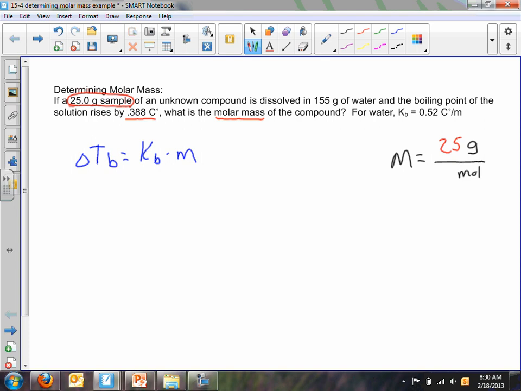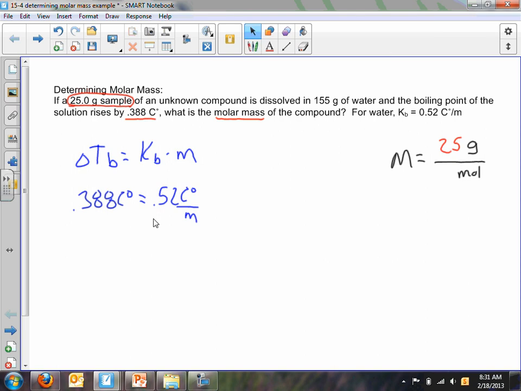It says the boiling point rises by 0.388 Celsius degrees. The boiling point constant for water, again, you have to look these up. I gave that to you as 0.52 Celsius degrees per molal. And I'm going to actually write molality in terms of what that is. We know that molality is moles over kilograms of solvent.